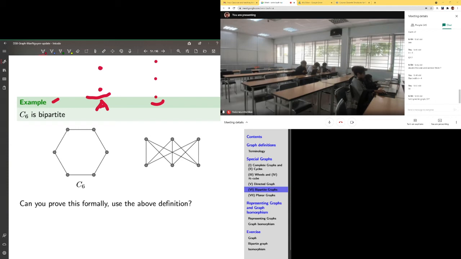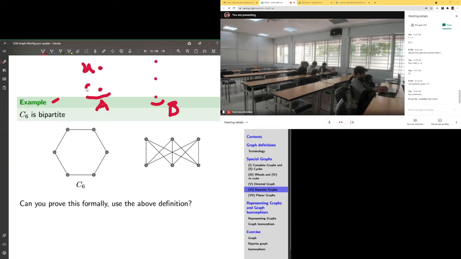This one we call bipartite. So the first, A on the left, you have the node u in A, for instance.